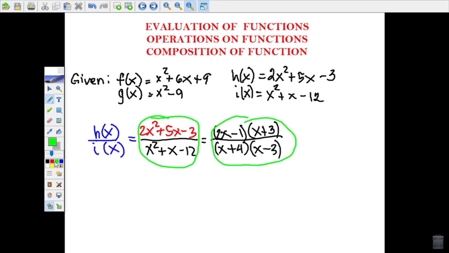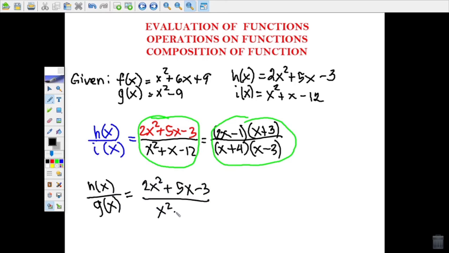Okay? And paano naman yung last? Let's say we are asked to find h of x over g of x. So again, we have h of x is equal to 2x squared plus 5x minus 3, all over, ang g of x natin ay x squared minus 9.